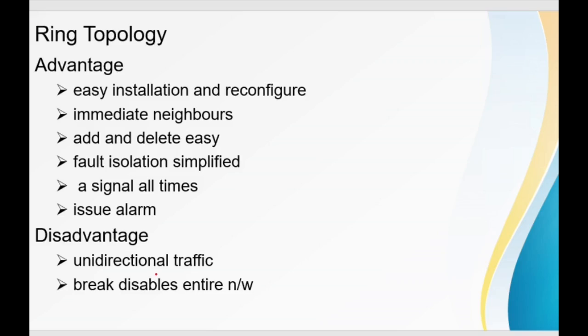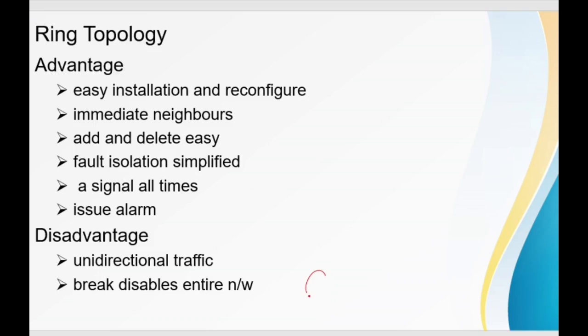The disadvantage of the ring topology is unidirectional traffic. The main disadvantage of the ring topology is unidirectional traffic. If a break occurs in a ring cable, it disables the entire network.